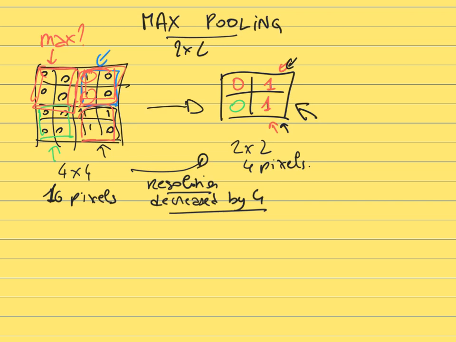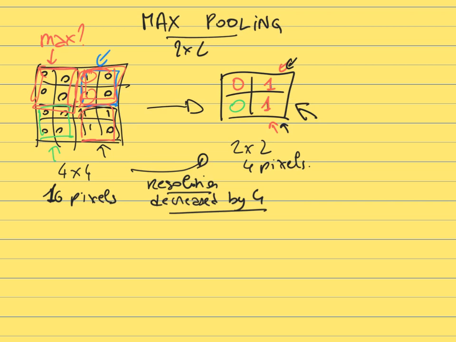Of course, you cannot do max pooling after max pooling. You would just decrease the size of your image so much that you would lose too much information. But if you just use a little bit of max pooling after each layer, then you will be able to reduce the size of your model, make it more efficient, and decrease the number of weights to decrease the risk of overfitting without losing too much important information.